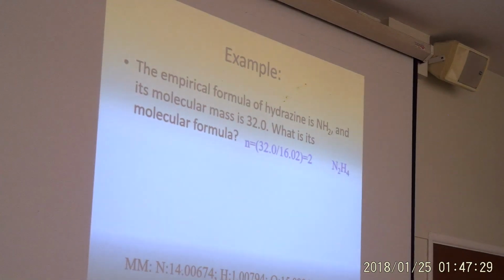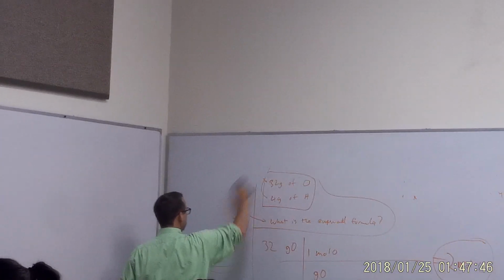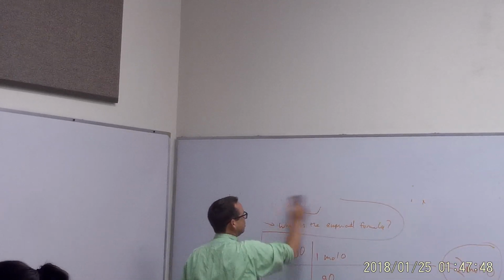So, what we needed to do is we needed to know the multiplier. True? We were given the empirical formula. What was the empirical formula again? NH2. So we were given the empirical formula, but we needed to know the molecular formula.